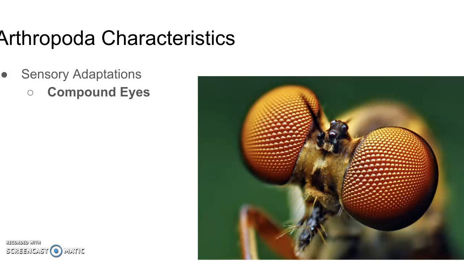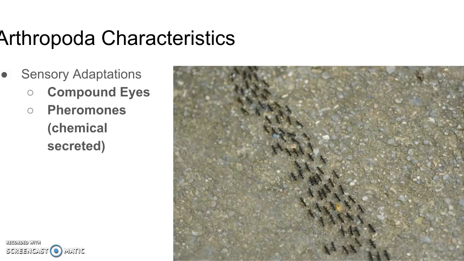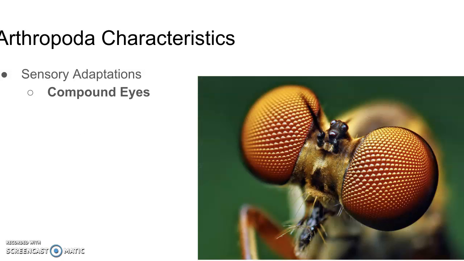And this must be an adaptation because it allows them to escape when they detect movement. So imagine yourself trying to swat a fly, right? It's very challenging to do that with just your hand, because they can react much faster than you can swat, and that's because of their compound eyes.